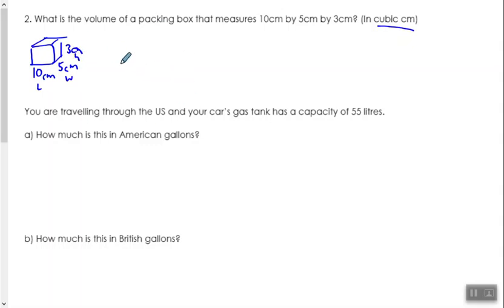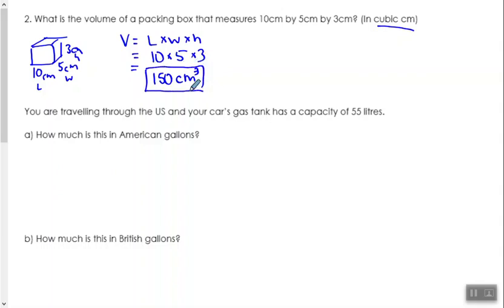All we need to do is take all 3 of our numbers and multiply them together, and it's not going to matter the order. Okay, so 10 by 5 by 3, and we get 150, and then my units are centimeters cubed. So centimeter times centimeter times centimeter, I get centimeters cubed. Is my volume.